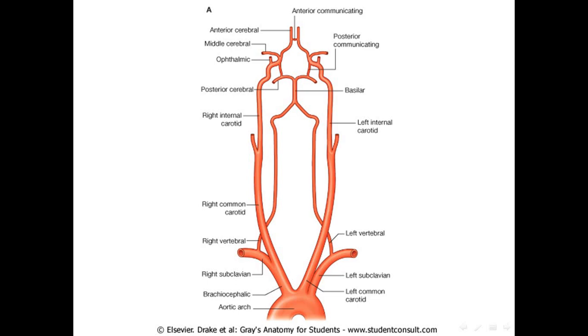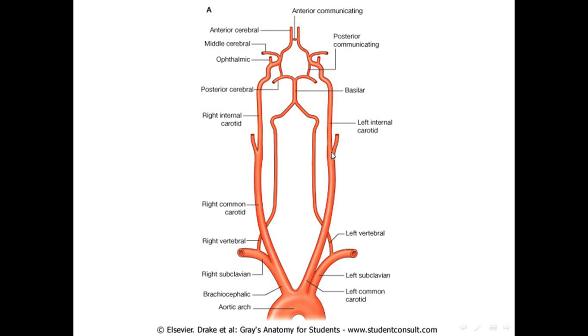The main blood supply to the head and neck, starting from the aortic arch, which gives three branches. From left to right are the left subclavian, the left common carotid, and the brachiocephalic. Then the brachiocephalic bifurcates to form the right common carotid and the right subclavian.